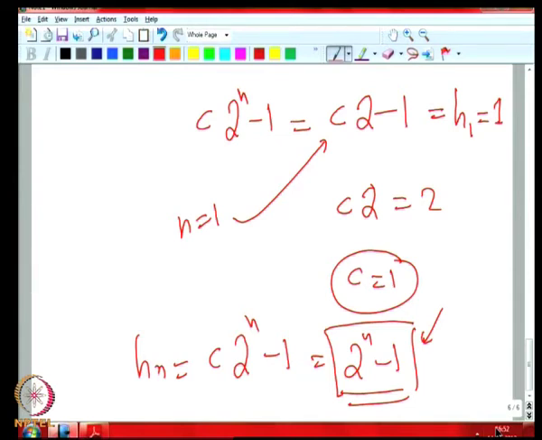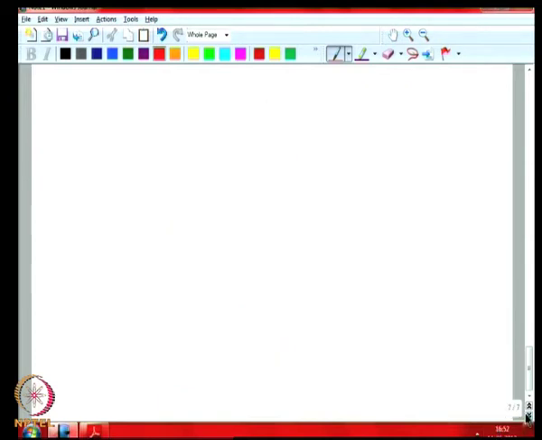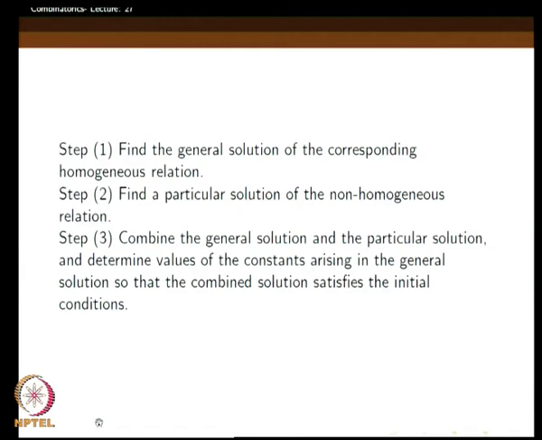What is the requirement? We have to meet the initial condition. We substitute n equal to whatever, maybe 0, 1, and then we get an equation involving C, and we solve for it. That is what we do. We will take yet another example and see what happens.